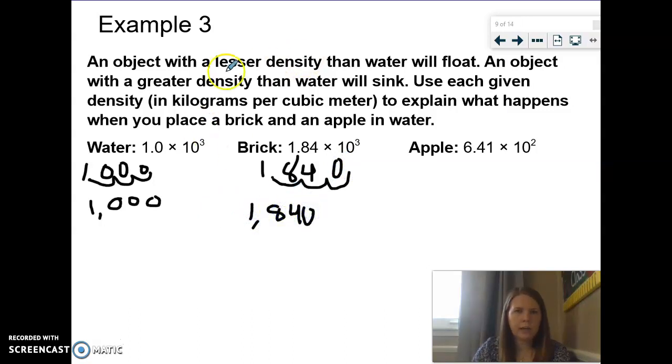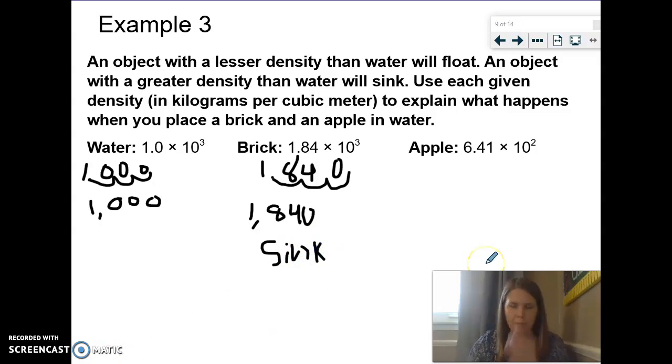The directions say that an object with a greater density will sink. So right now I can already tell that the brick is going to sink because its density, this number, is greater than this number. So I can write that this is going to sink. Boom, sink.